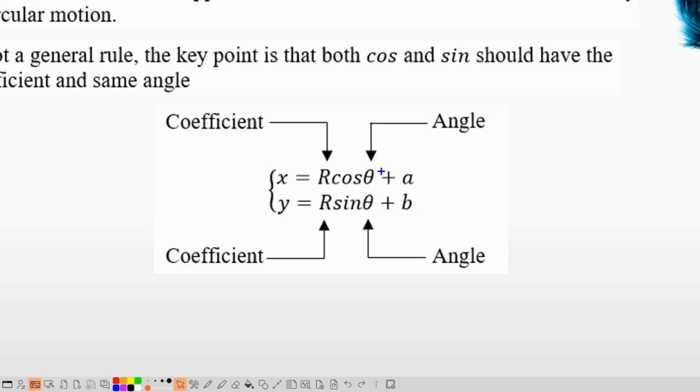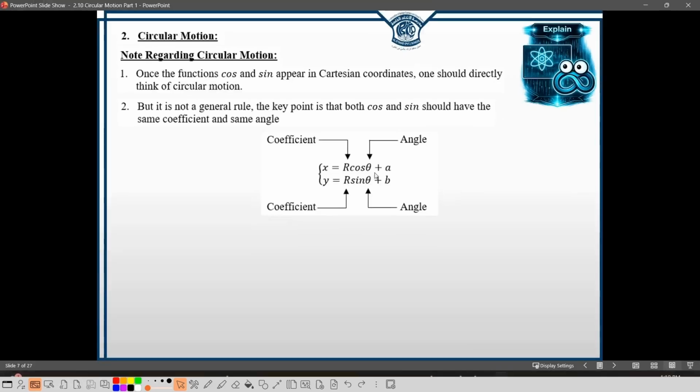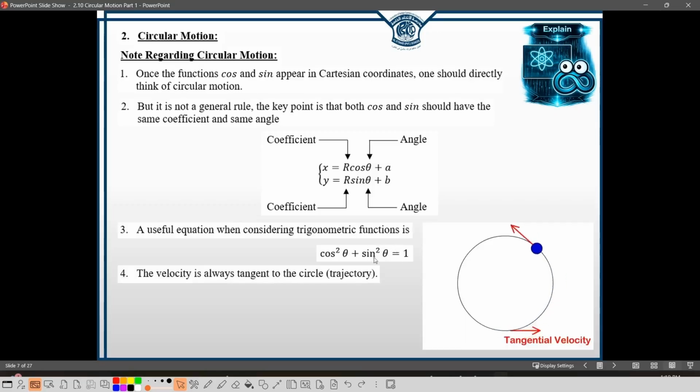Make sure that the angles are the same and the coefficient r, which represents the radius, is the same. Then you can safely say that this represents circular motion. A useful equation when considering trigonometric functions is cosine squared theta plus sine squared theta equals 1. This equation is widely used. You can call it the Pythagorean sum in trigonometry.